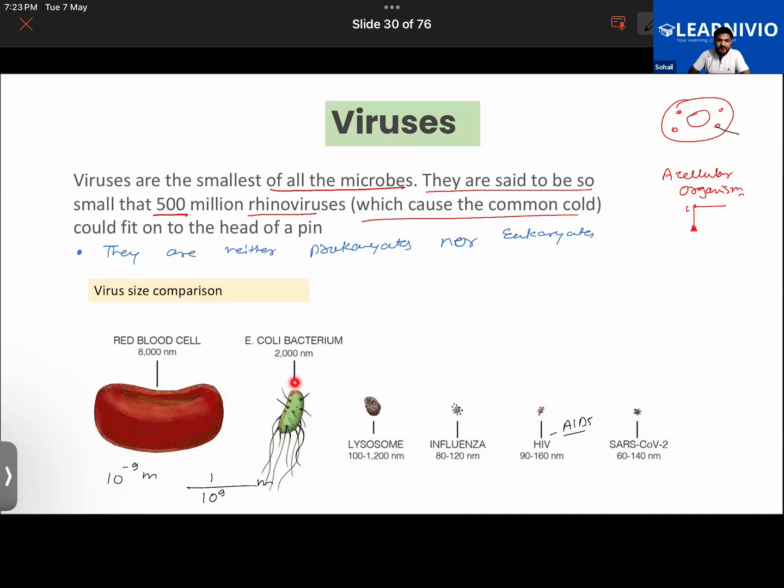So, sir, does it make the virus stronger? Do they make the virus stronger if they enter another virus? Do viruses enter the body of another virus? No. Why would it do so? Because a virus is incapable of performing any functions on its own.